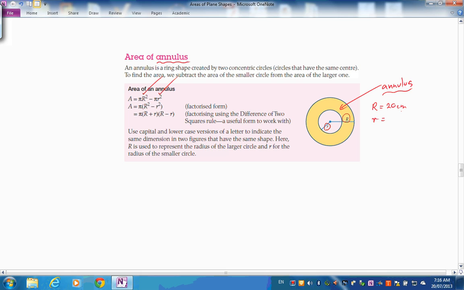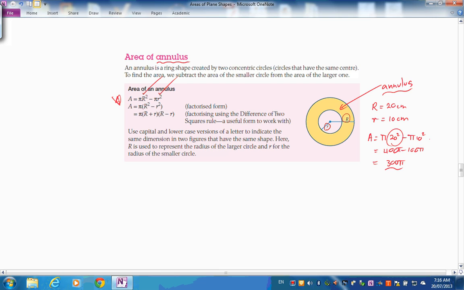Oh, it's about half, isn't it? 10 centimetres, something like that. Okay, we'll come over here. Here's the formula. A is pi big R squared minus pi little r squared. Oh, the numbers are getting big. 400 pi minus 100, oops, left out pi, minus 100 pi is 300 pi.